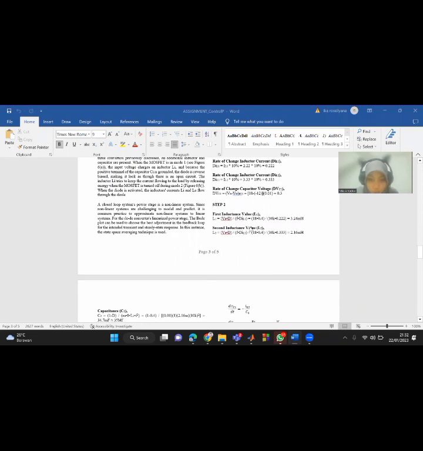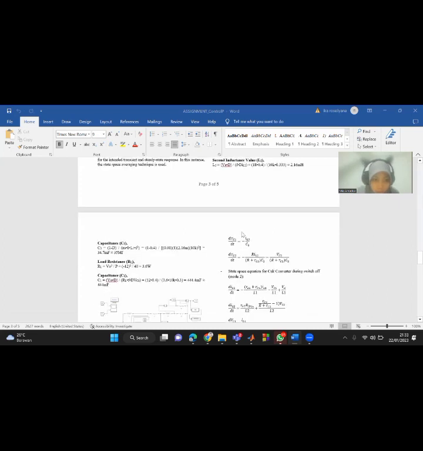After we get all of this, we can find the values for inductors 1 and 2. For inductor 1, we get 3.24 milli, and for the second inductor, 2.16 milli.